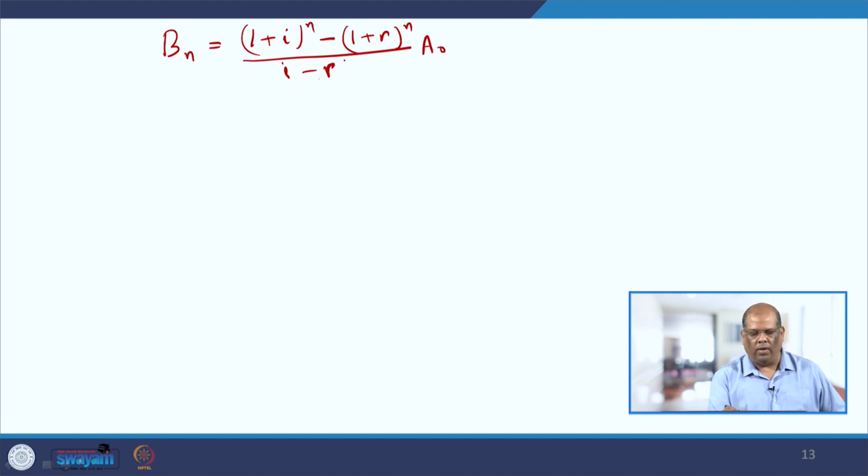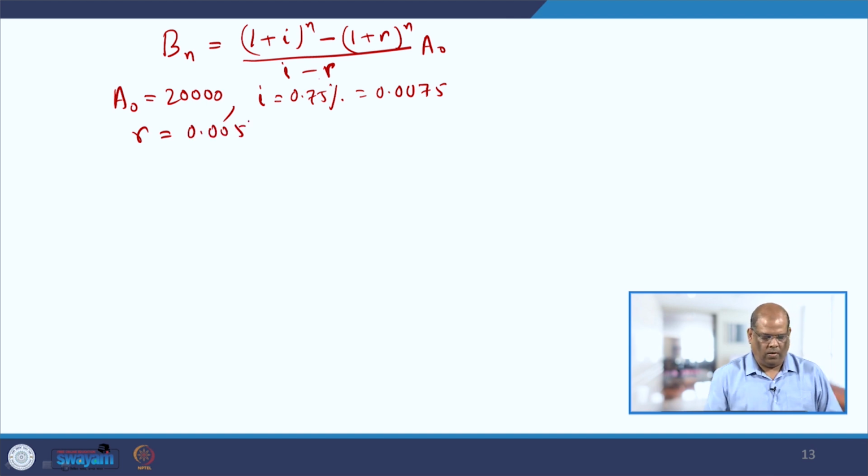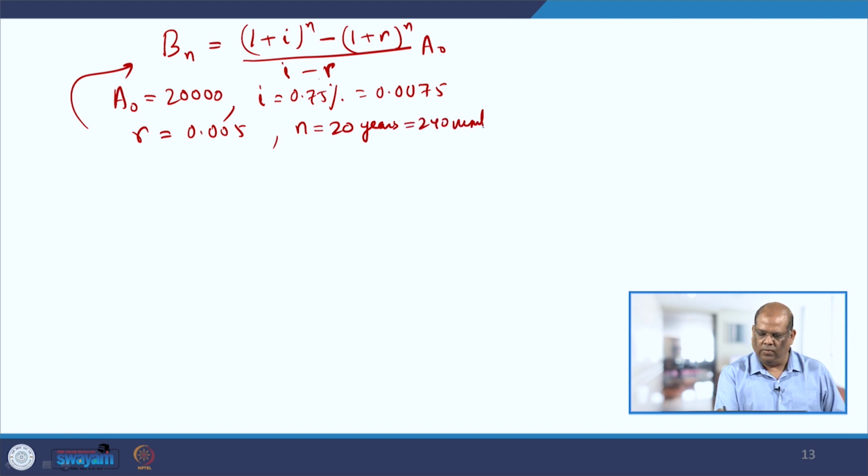So according to the problem, your A0 is 20,000, your i is 0.75%, which is 0.0075, your r is going to be 0.005, and we substitute all these values here for n equal to 20 years, which is 240 months.